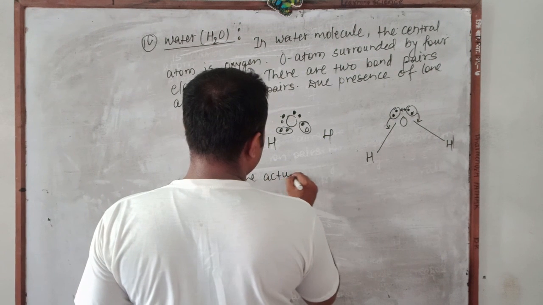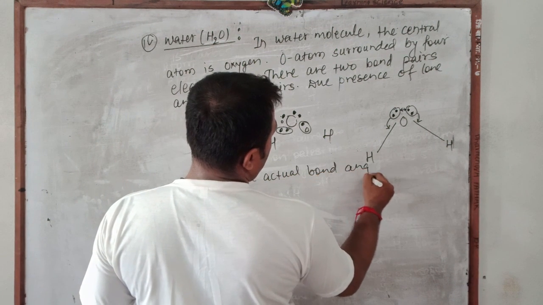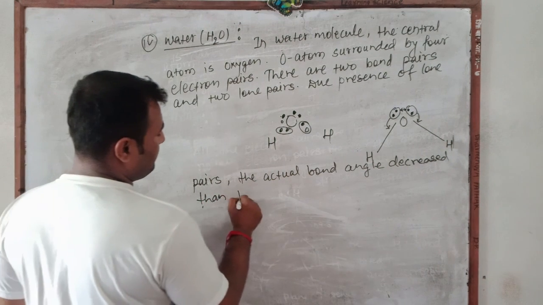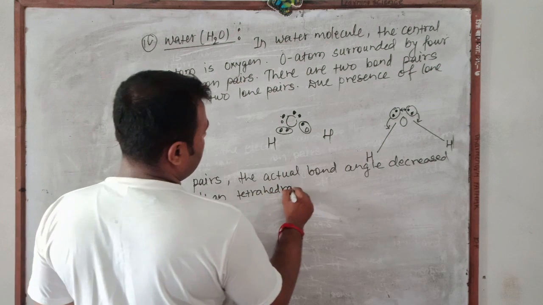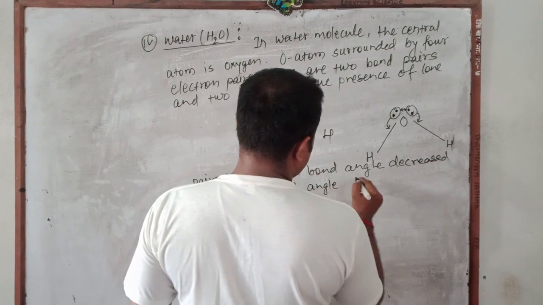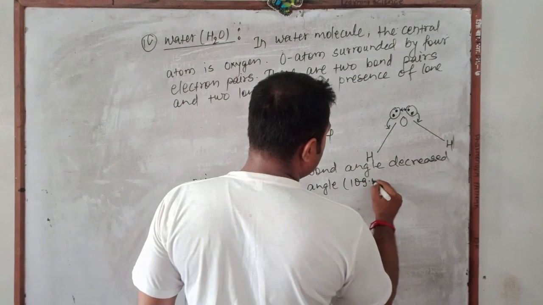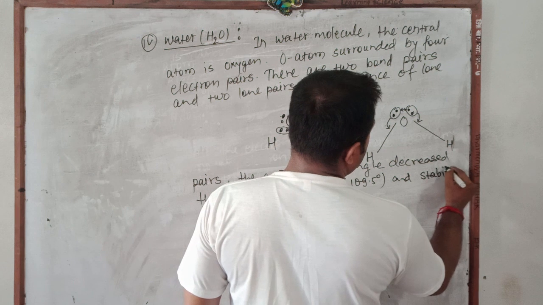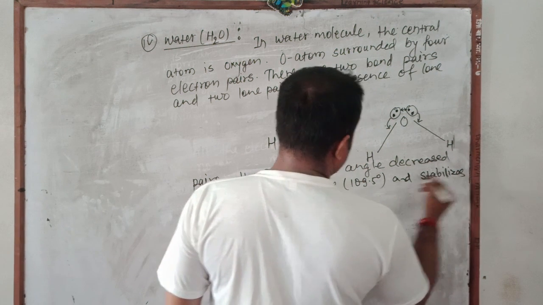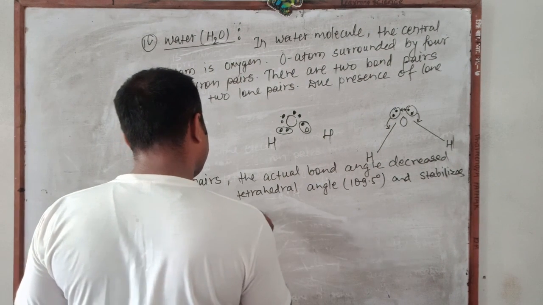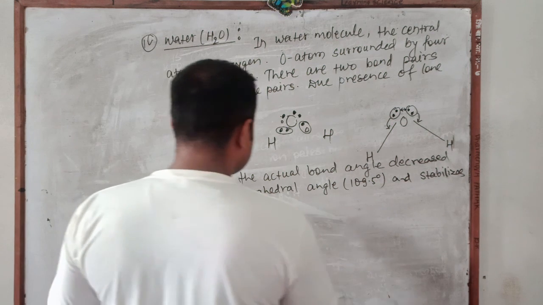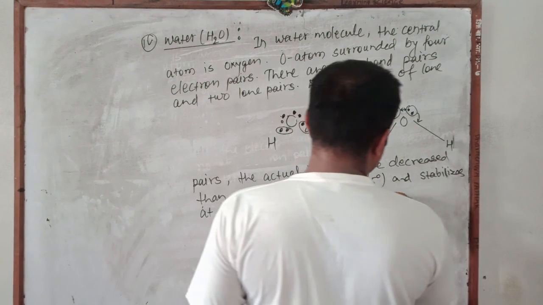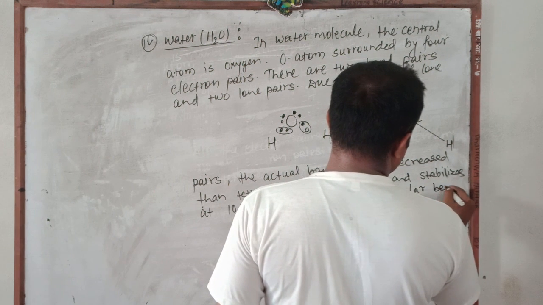The tetrahedral angle is 109.5 degree, and it stabilizes at 104.5 degree, giving the shape angular bend, that is V-shaped.